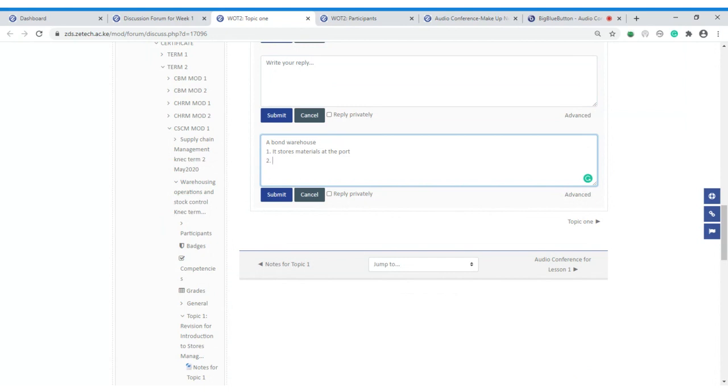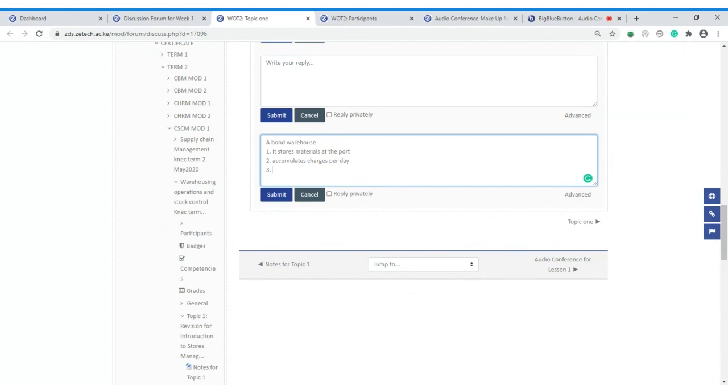A bond warehouse accumulates charges per day. So people are charged per day. Mostly in Kenya, you are allowed to store materials for 2 weeks. But if you exceed 2 weeks, then you start accumulating charges per day.